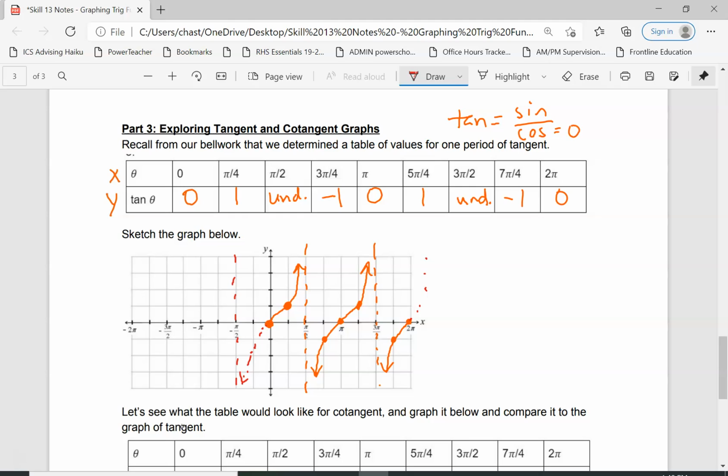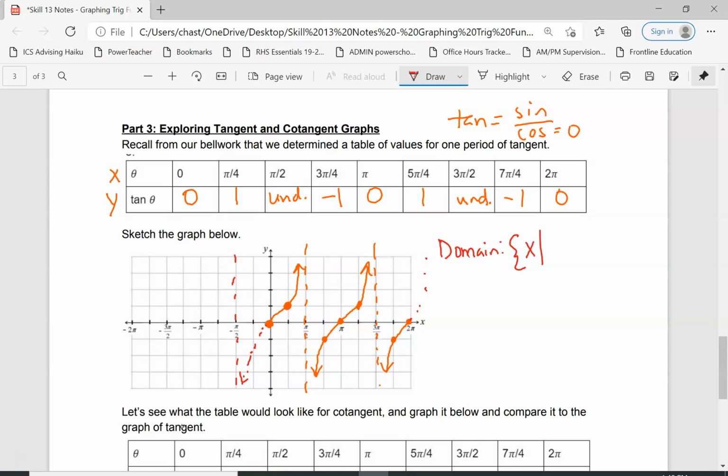All right, so when we look at these, notice that we have several asymptotes. When we talk about the domain, the asymptotes are occurring at pi over 2, and then every integer multiple of pi after that.